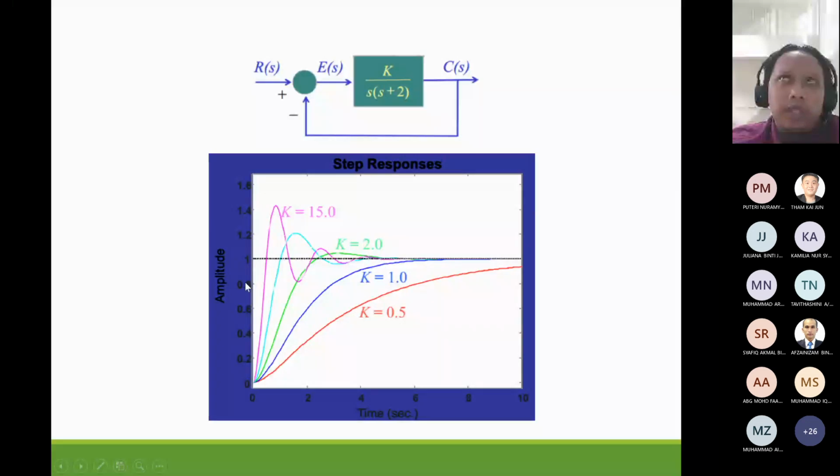And in quiz number 2, you also saw different kinds of second order systems like overdamped, critically damped, underdamped, and so on. All of that actually depends on this value of k. So when you change the value of k, you will get different types of system behavior.